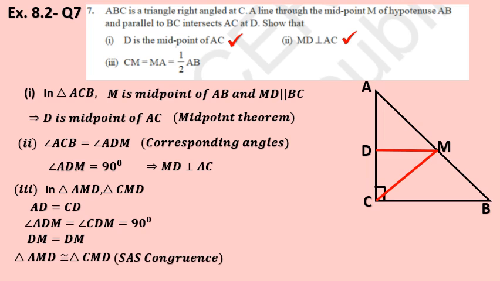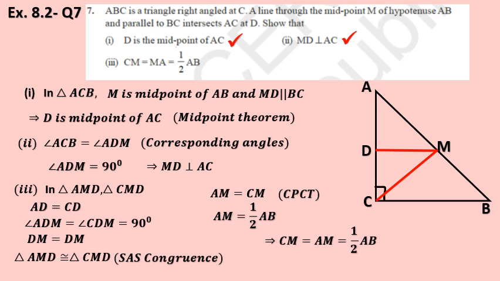So, we proved that the two triangles are congruent. Now, AM equal to CM because corresponding parts of congruent triangles. But we know that M is the midpoint of AB. That means AM equal to half of AB. So when AM equal to half of AB, CM also half of AB. That means CM equal to AM equal to half AB. So we proved that also. Thank you.